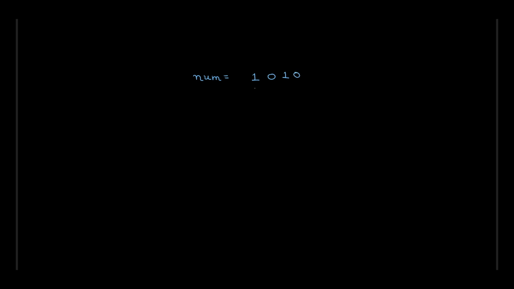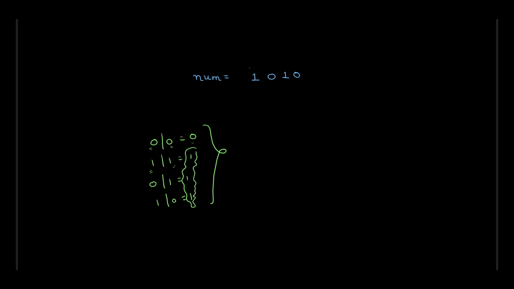So when you do a bitwise OR, it just says that 0 or 0 is equal to 0, 1 or 1 is equal to 1, 0 or 1 equals 1, and 1 or 0 is also equal to 1. So bitwise OR will always be equal to 1 if there is at least 1 on either side, right? If there is no 1 available, only then it will be 0.